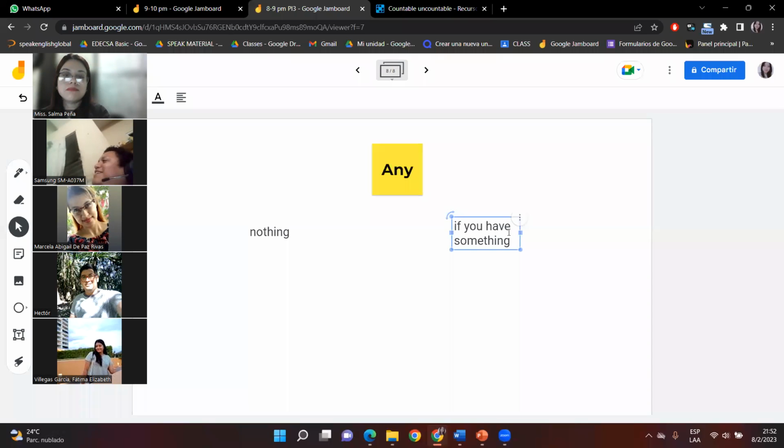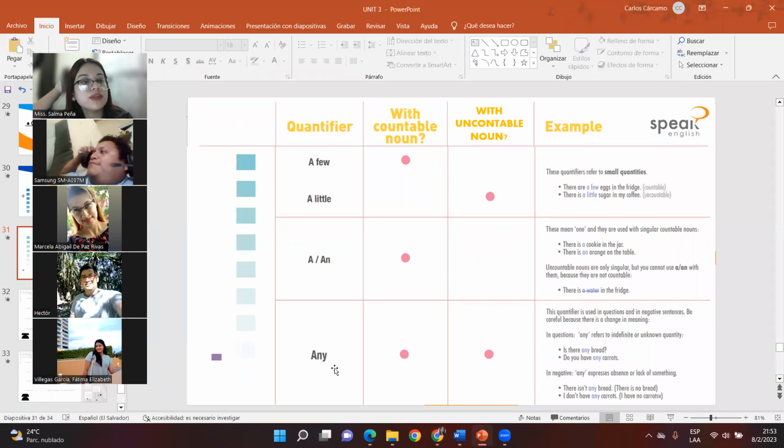Any can be used in two situations. When you don't have nothing, there's not exist the element. Let's go back to this. Any can be used with countable and uncountable nouns. Okay, any refers to indefinite or unknown quantity.